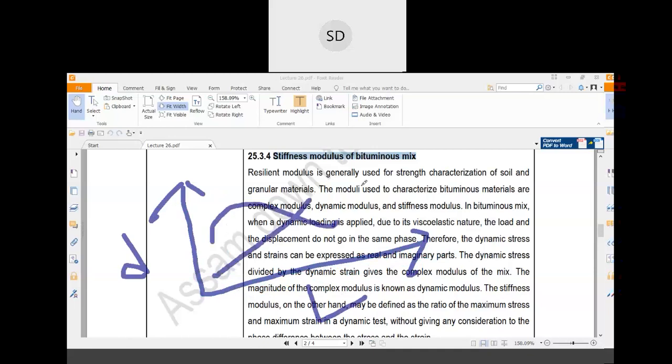It would be like a curve. So in such a curve, your load and displacement will not be in the same phase. They will be different. So the variation of the load will not impact the displacement uniformly.